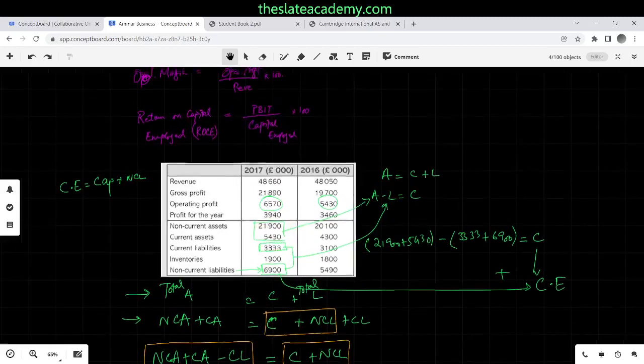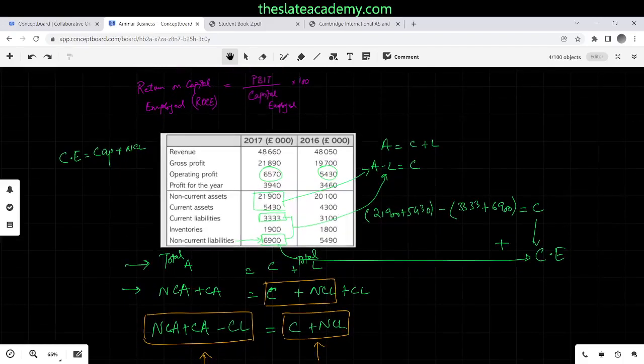On top, we were supposed to calculate return on capital employed. So now, if you want to calculate return on capital employed for this business, I'm given the data in the form of non-current assets, current assets, and current liabilities. So this equation I'll use.